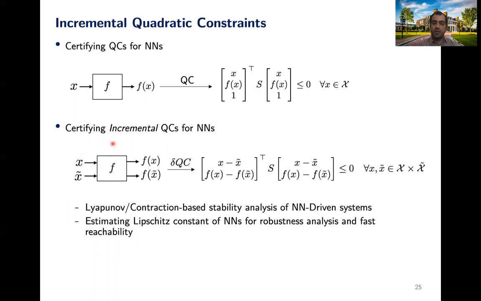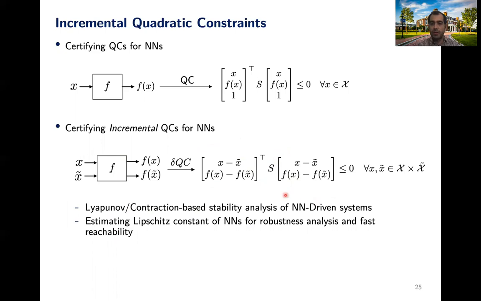Or even for neural networks in isolation, these incremental quadratic constraints can capture several interesting properties. For example, Lipschitz continuity in L2 norm of a neural network is a special case of incremental quadratic constraint.